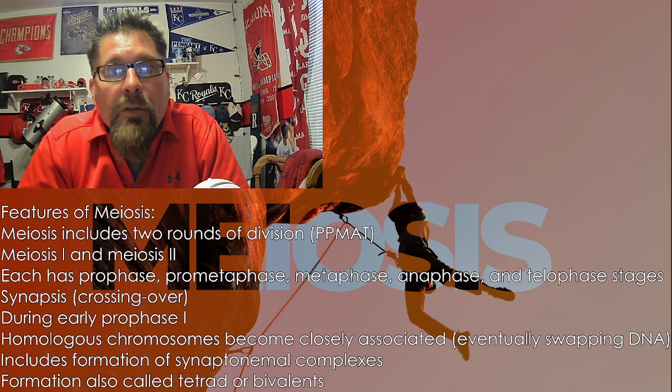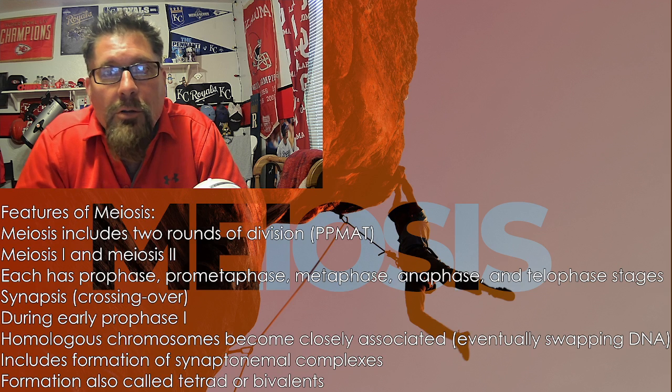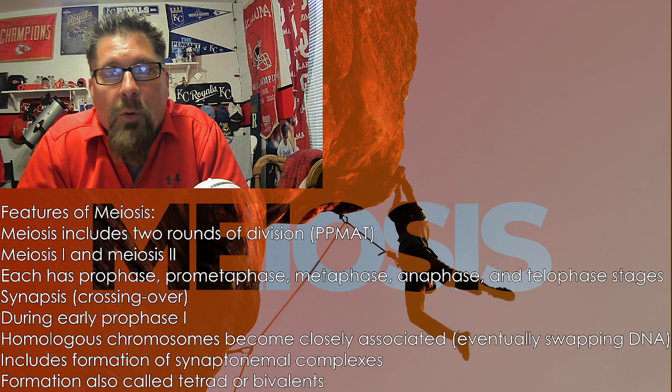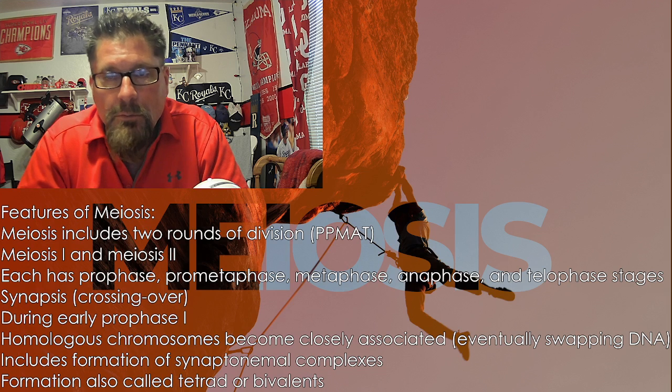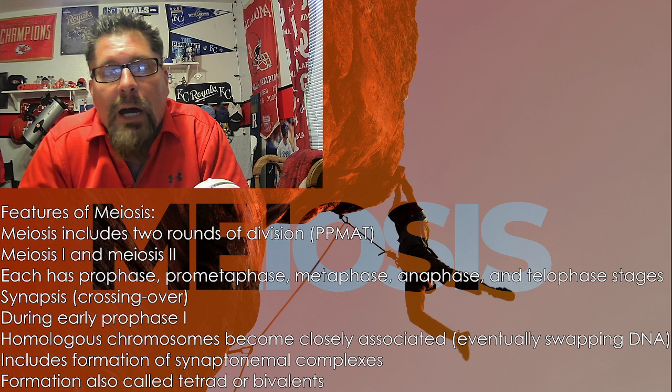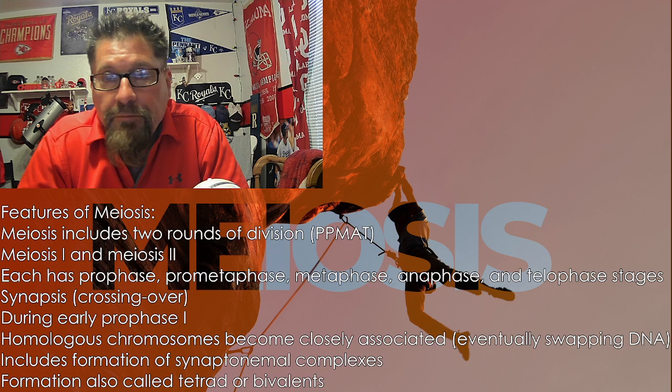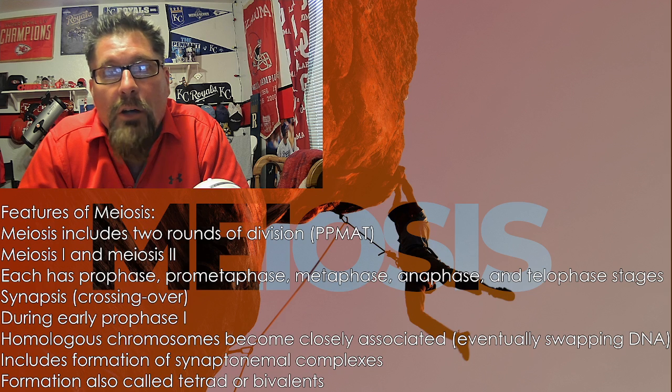A couple of things that you're going to be introduced to when we talk about meiosis 1, and we mentioned in the previous video, are these ideas of genetic variation and things that meiosis does that mitosis does not do in order to create that variation, like crossing over and independent assortment, and we'll talk about those.